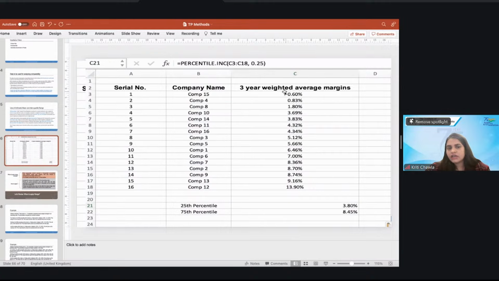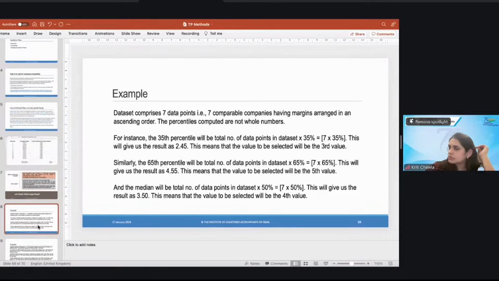Don't go by the percentiles that are provided here, because this is tile. But what we do is arrange all of them in ascending order. So the company that has earned 0.60% margin comes first, and then company 12 comes in, which has earned 13.90% margin. So this is going to be step one.